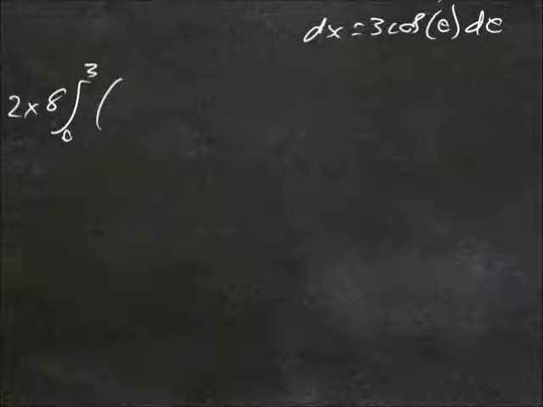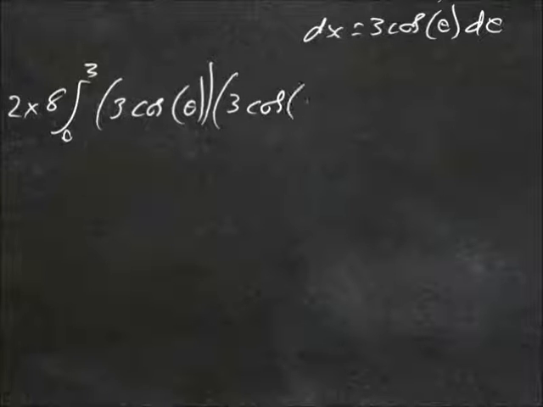So this would be our 3 cos theta times our 3 cos theta d theta.